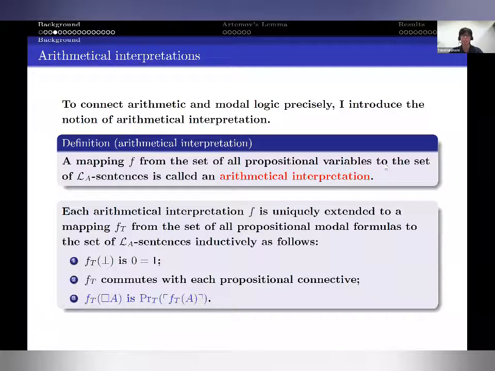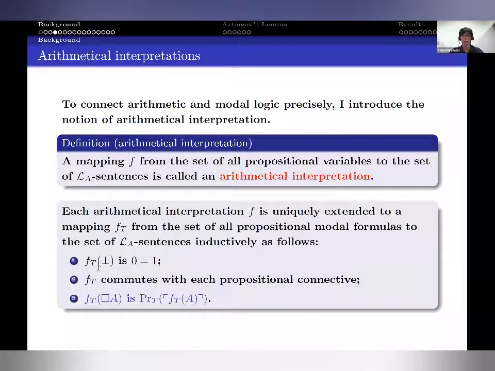And each arithmetical interpretation F is uniquely extended to a mapping Ft from the set of all propositional modal formulas to the set of sentences of arithmetic inductively as follows.